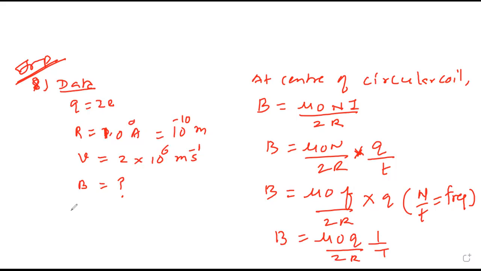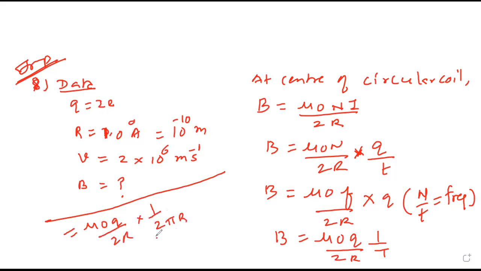Frequency means 1 upon time period. Time period is nothing but distance covered, that is circumference, upon speed v. Any doubt till this? No. Just copy till this first. Very important sum.